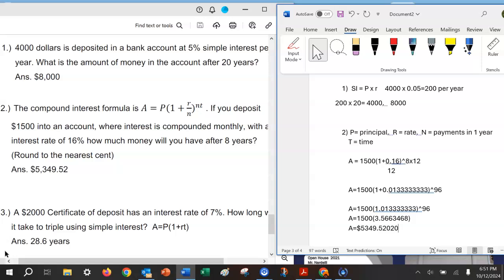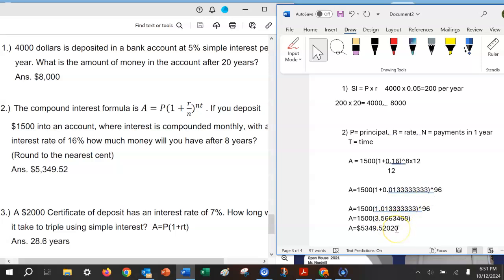I would round that, or excuse me, I would make it to the nearest penny, which would be 52 cents. So it seems like the best thing to do is not round these numbers you have up here, like this 1.33333. Put as many in there as possible. You don't necessarily have to write it down, but put it in your calculator.